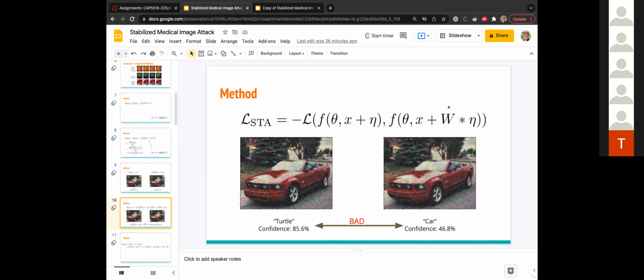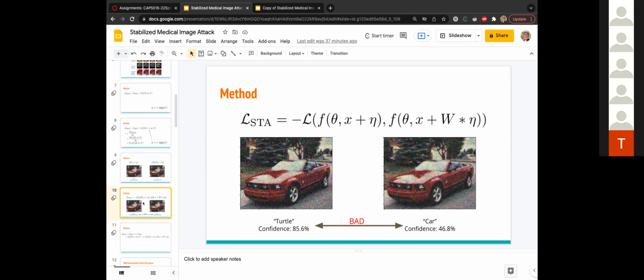Also, since they reference using Gaussian smoothing, but if you're trying to make sure your perturbation is more robust, you really could use any kind of modification here. You could add noise, do Gaussian smoothing, or anything else would also work. So I think maybe trying different versions of that could have also made a good experiment. Yeah, because in class we talked about how you can combat adversarial attacks, right?